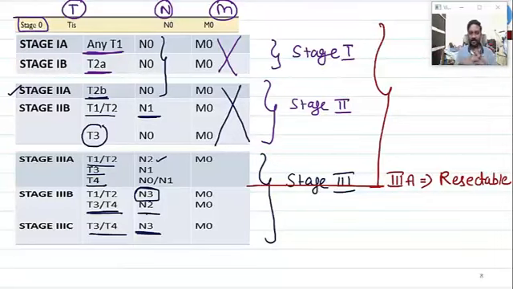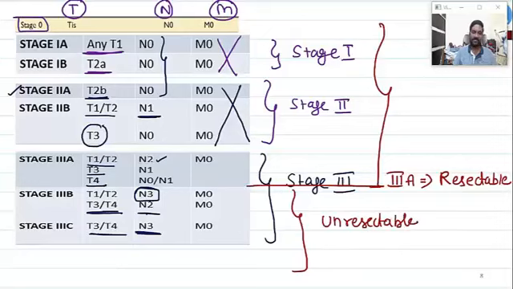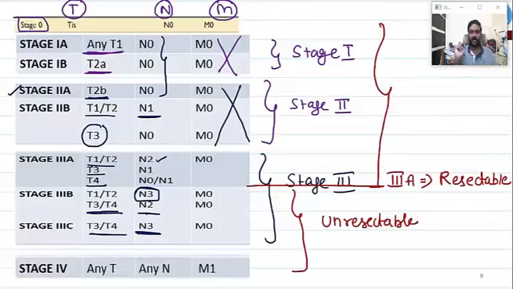So from stage 3B onwards, it is very difficult to do surgery because there can be extensive involvement. From stage 3B onwards, it is generally unresectable. Now stage 4. If there is metastasis, irrespective of any tumor, it is called stage 4.